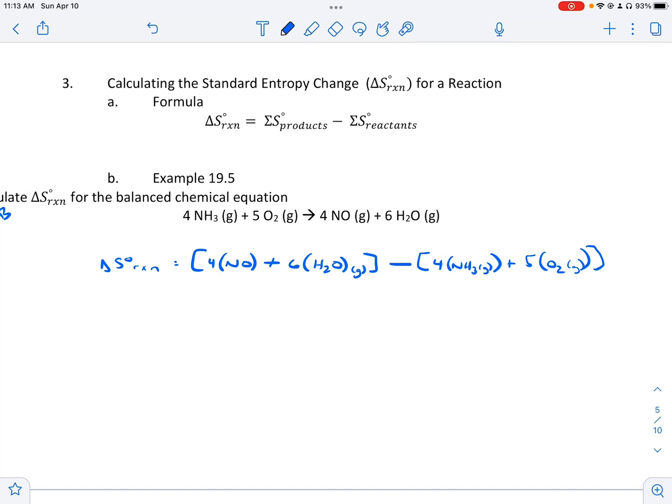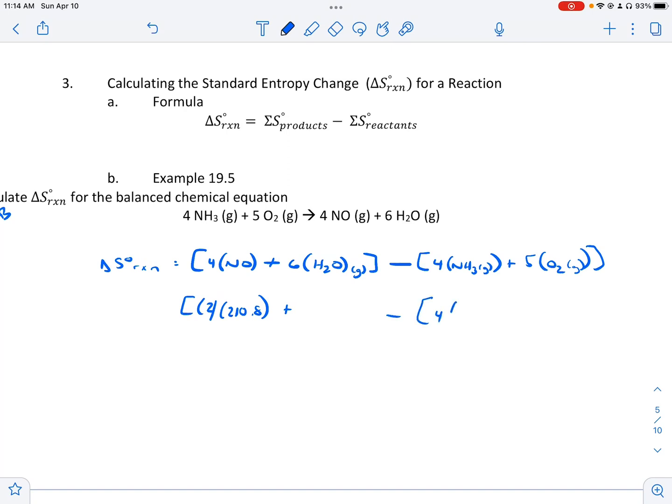Let's start looking at our appendix in the back. We'll start with our N's, nitrogen. NO gas is 218. That's not right, let me look again. It's 210.8.